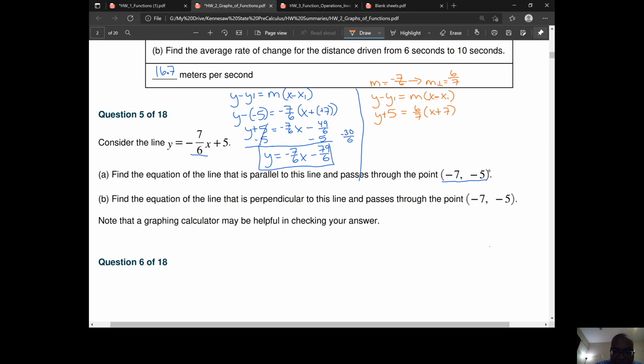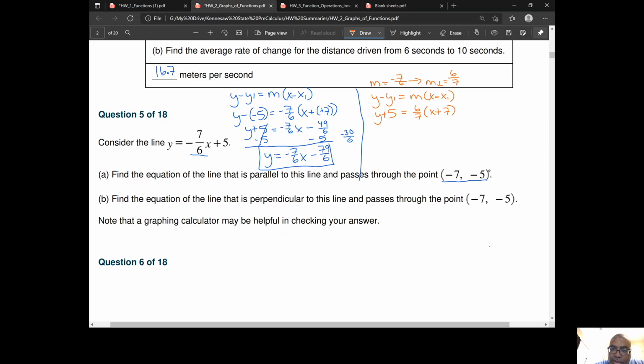I skipped a step. Rather than doing x minus -7 or y minus -5, I already know that this is y plus 5 and x plus 7, so I just put those in there. If you can't skip a step, don't skip it.